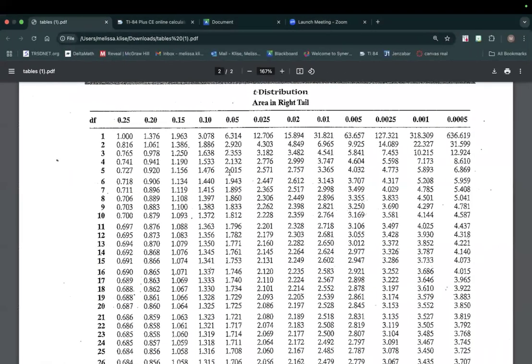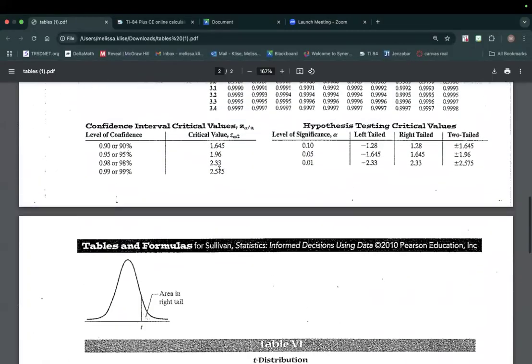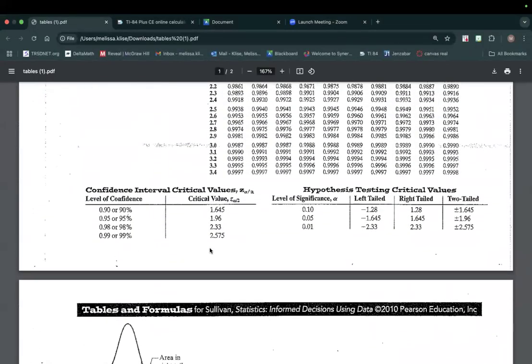So let's go back to our Z table because we're using z-scores. For 99%, the z sub alpha divided by 2 is 2.575. We found that right here with our critical values.